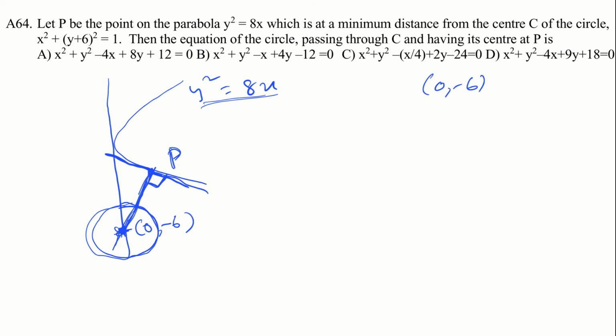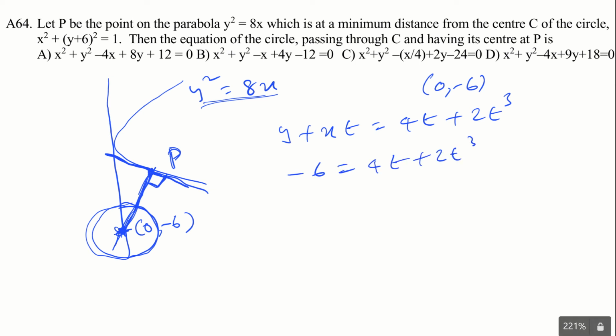Now writing the equation of the normal, we have y + xt = 2at + at³, because a is 2. Now this should pass through the center (0, −6). So substituting, I'll have −6 = 4t + 2t³.